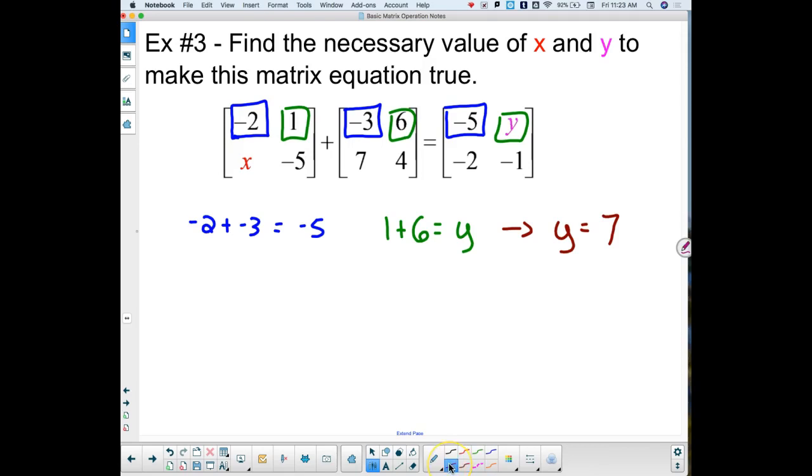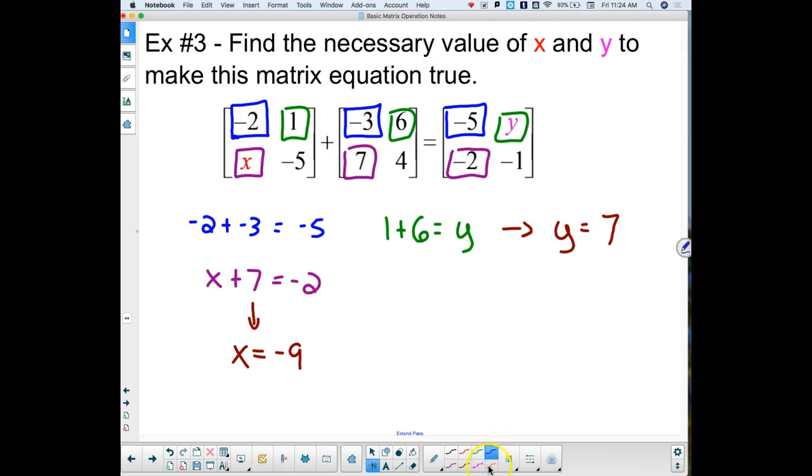Then this one plus this one has to equal this one. So x plus 7 has to equal -2. So that tells me what? X equals -9. If x is equal to -9, we have a true statement.